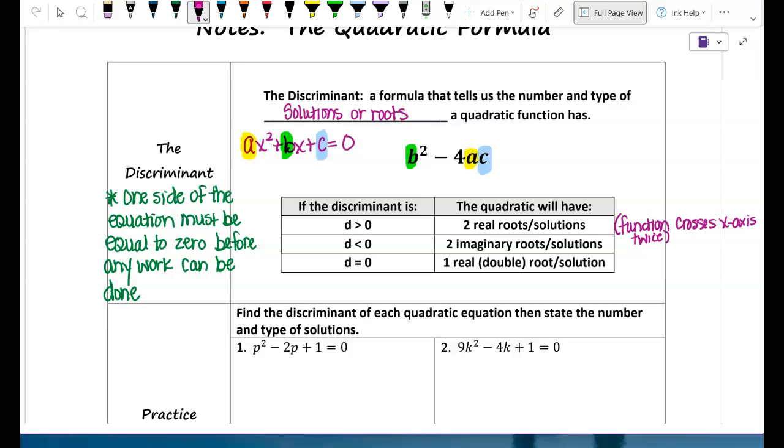If my discriminant is less than 0, or in other words, I come up with a negative value, that means I have two imaginary roots or solutions. Or in other words, no real solutions.